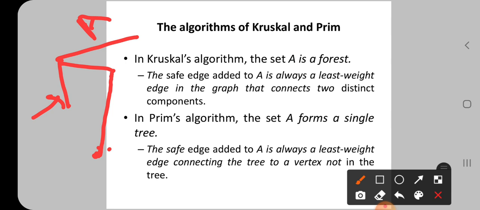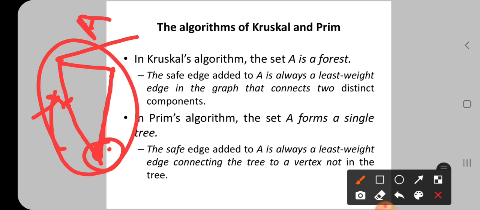Only if this vertex is not included in the tree can we add it to that tree. Otherwise, if the tree already contains this vertex, then when we add this edge, it forms a cycle. So we can't add that.